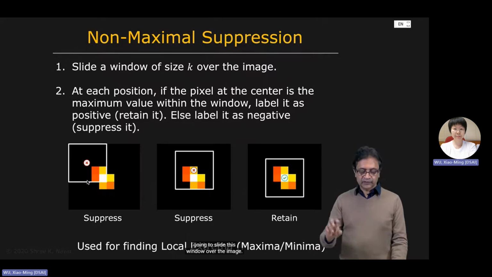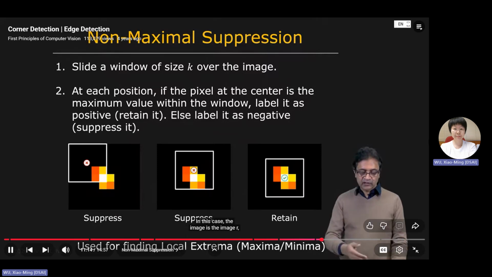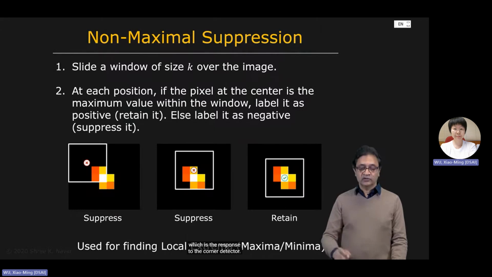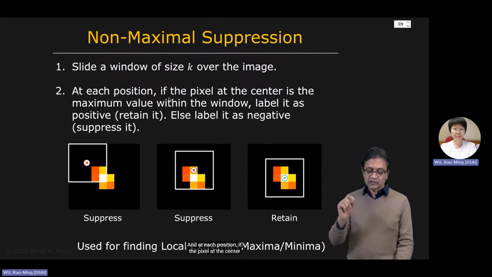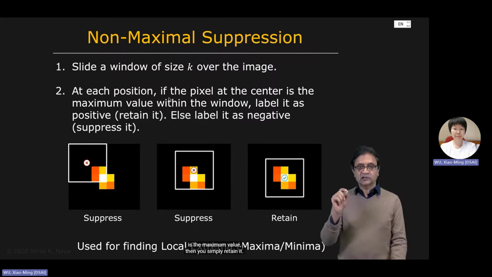Non-maximum suppression only keeps the peak value, and if it's not a peak, we set it to 0. In this case, the image is the image R, which is the response to the corner detector. At each position, if the pixel at the center is the maximum value, then you simply retain it.